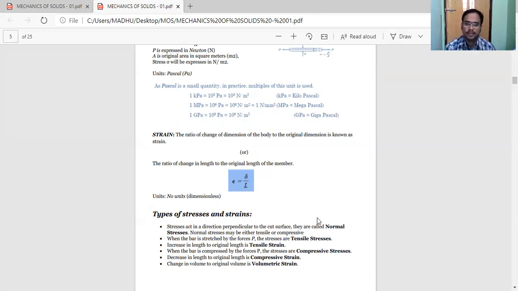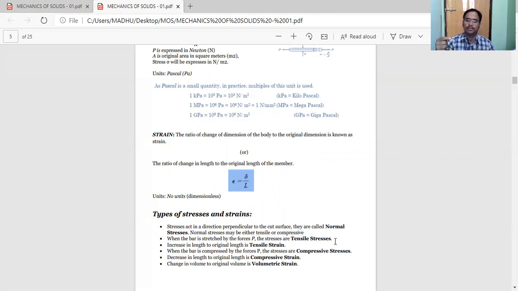When the loads are acting along the axis of a body, or perpendicular to the cross section of a body, and the bar is stretched by a force P, the stresses are tensile stresses. Because of that load, we will find a stretching force. The body experiences a stretch. So that is tensile stress.